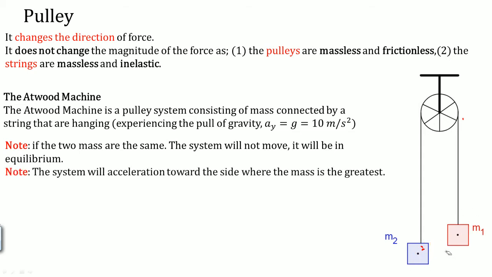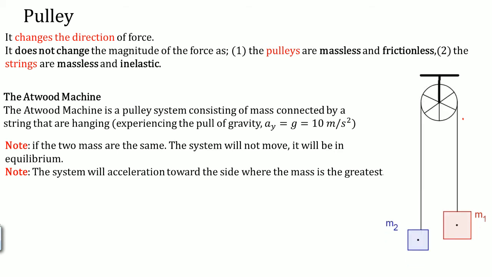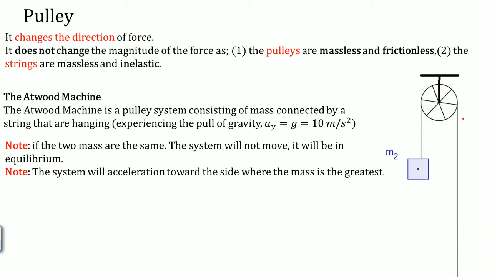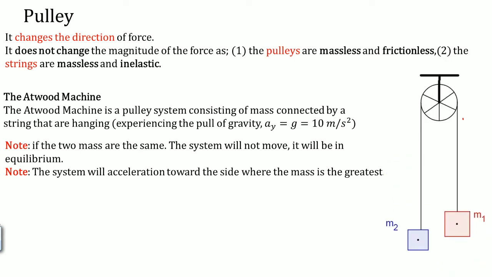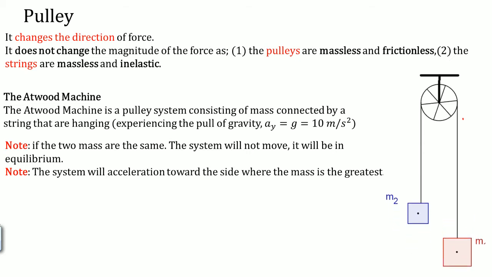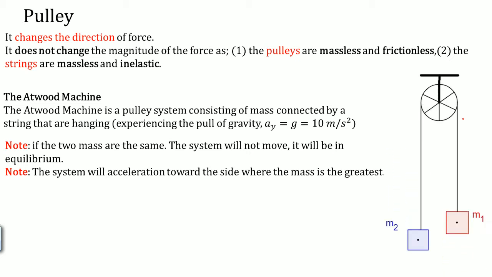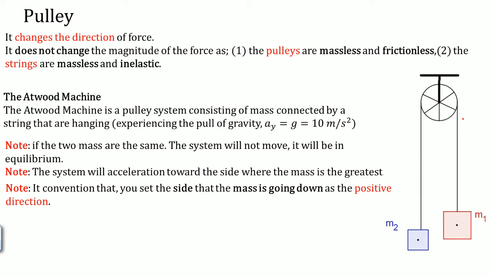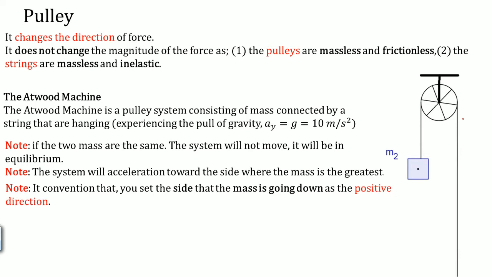The system will always accelerate towards the side that has the greater mass. Notice in this, I increase the red block, and notice it now accelerates down on that red side. It accelerates down because that side has more mass. It is always convention to take the side that's going down as the positive direction.